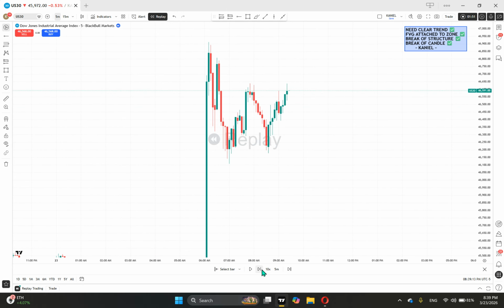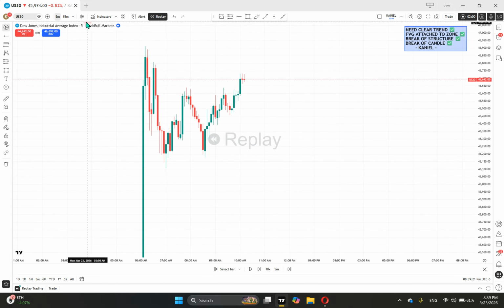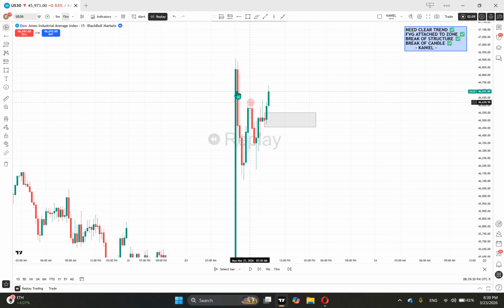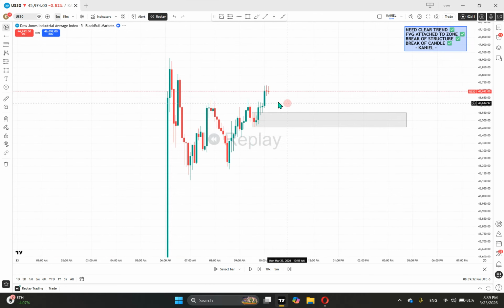Price was still playing out. Eventually I saw a 15-minute demand zone, which was right there. We had a minor break of structure on the 5 minute. This was a high and this was a high. Price made this high right here that broke above these two highs.